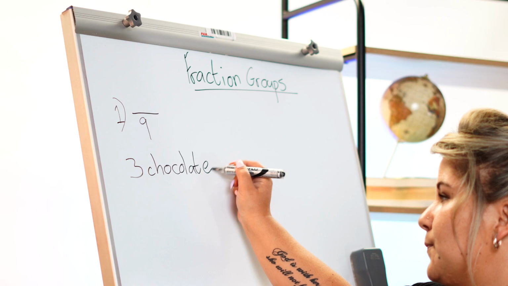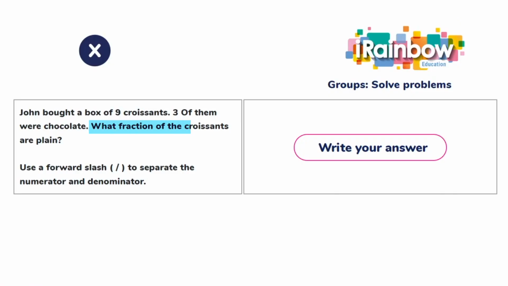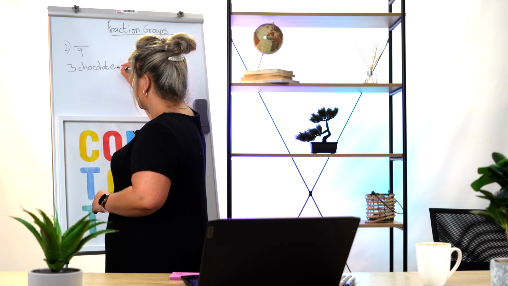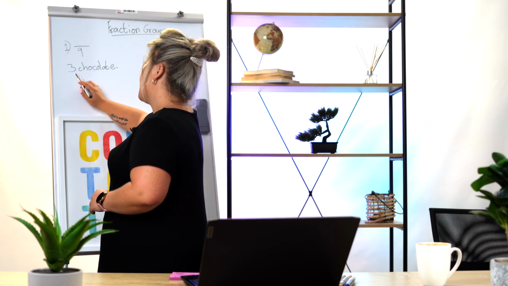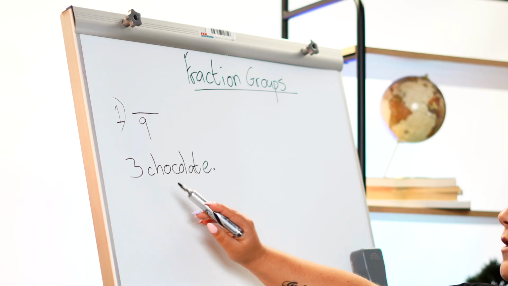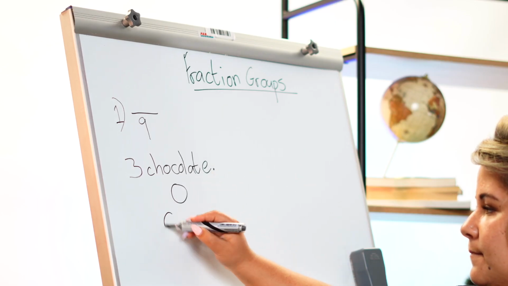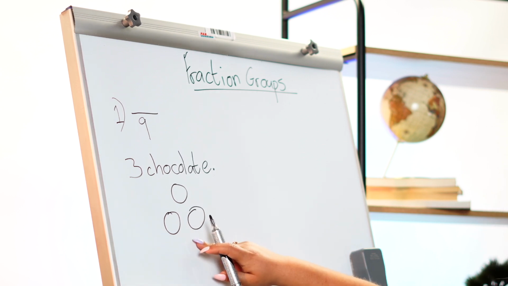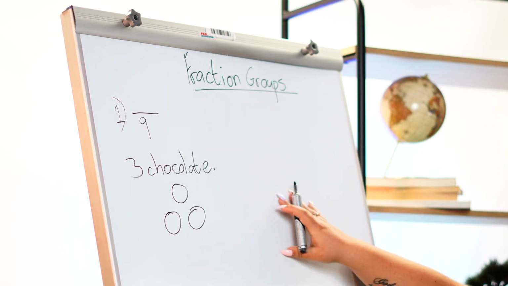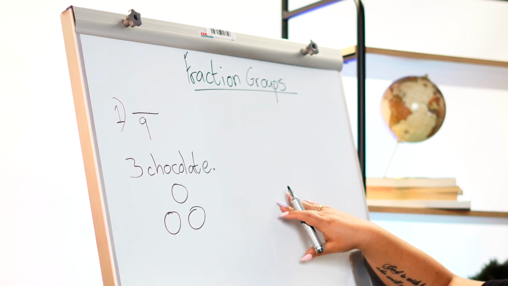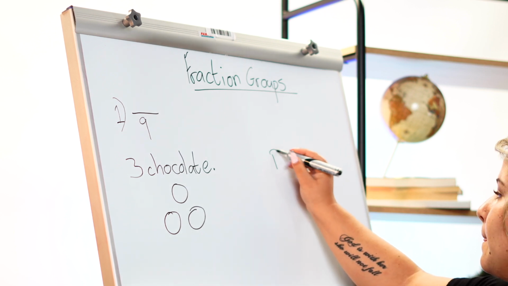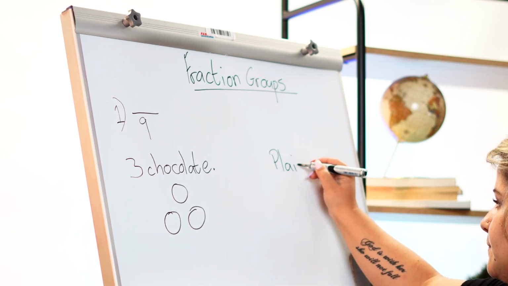I would like you to tell me how many of the croissants are plain. First step we're going to look at. We know that in total we have got 9 croissants. 3 of them are chocolates. What remainder of croissants are plain?